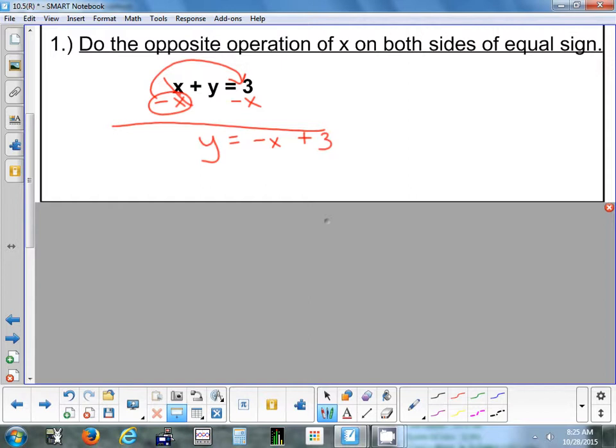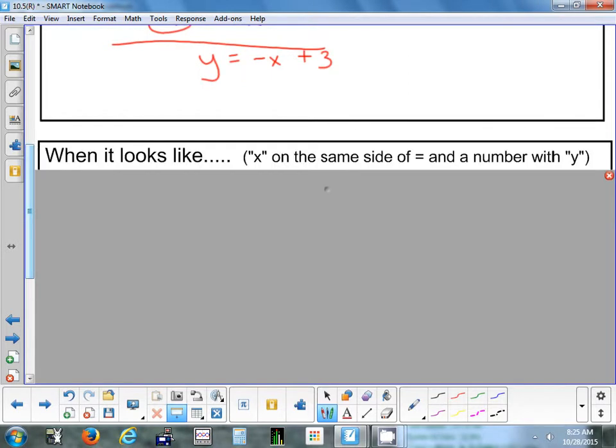What we do here is going to be 2 steps. So now we have the same thing, x on the same side as y, and we're also going to have a number attached to the y. We're going to have a coefficient. It could be negative, it could be positive, it could just be a negative y. I'm going to give you 2 examples here to take a look at.